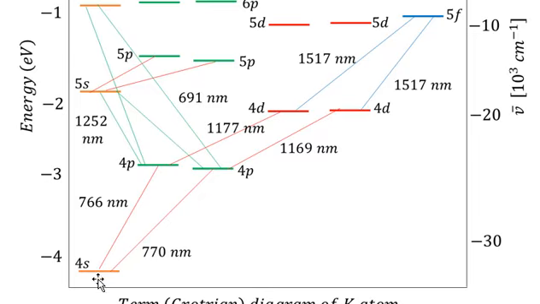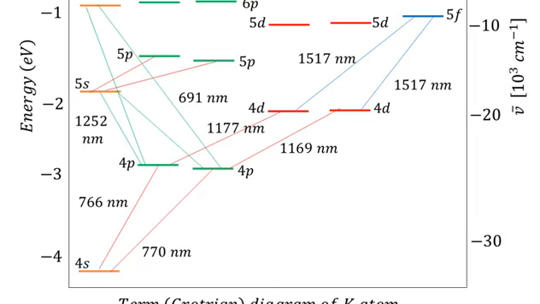And here I have the 4s electron, then the 4p electron, then the 4d electrons, then of course the 5s electron, and 2 levels for 5p electrons because of the doublet terms. Similarly, we have 2 levels corresponding to 4d electrons and 2 levels corresponding to 4p electrons.